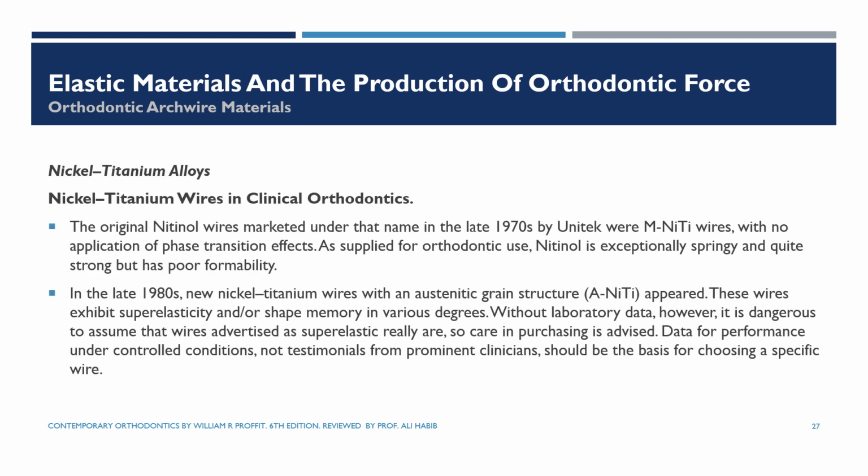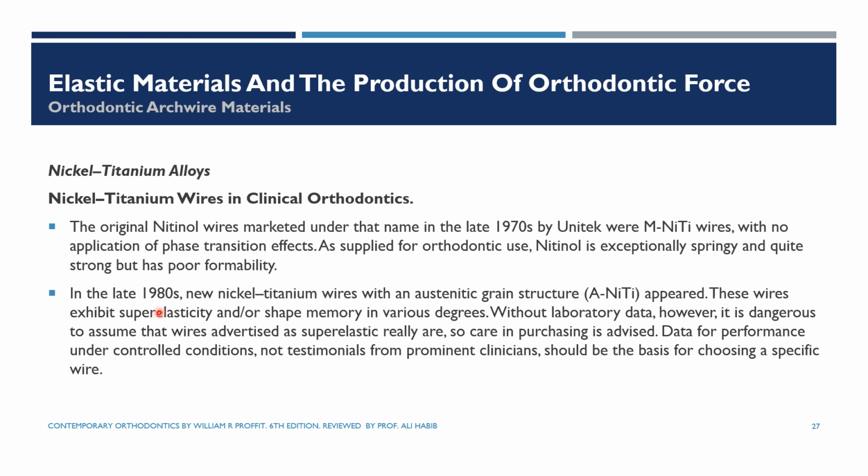If we look at the history of NiTi wires, the original NiTi was the M-NiTi, which was first introduced by Unitek, and the name was M-NiTi or nitinol wire, which was exceptionally springy and quite strong, but has poor formability. When we say formability here, it means that it does not allow the transition from one phase to another.